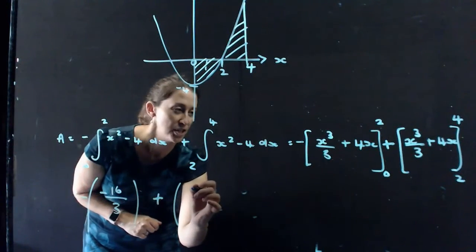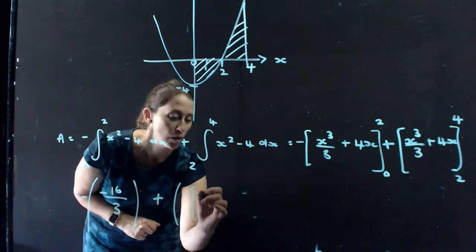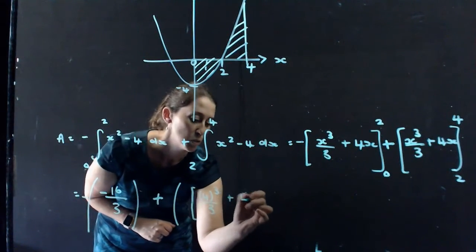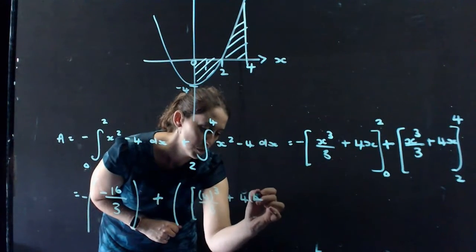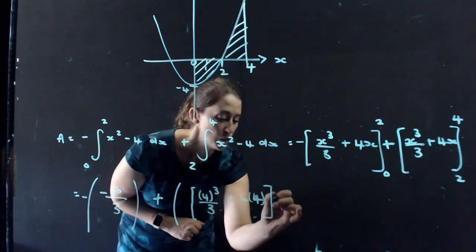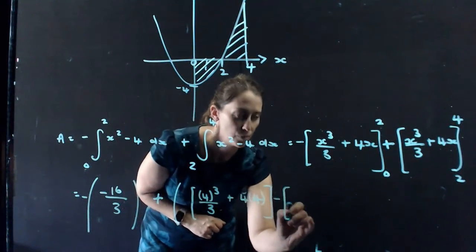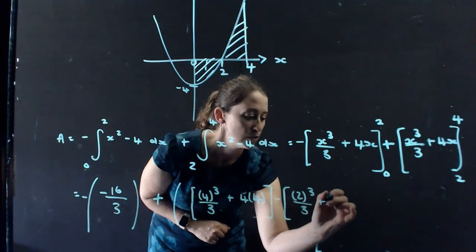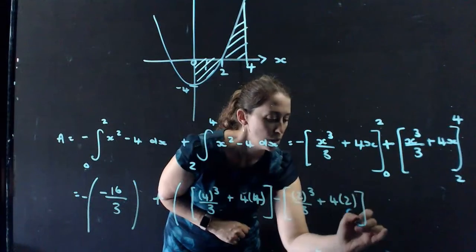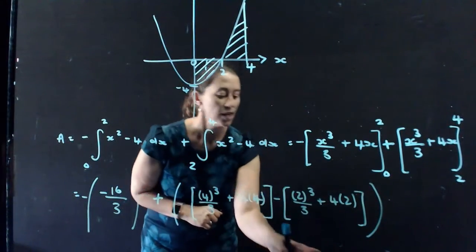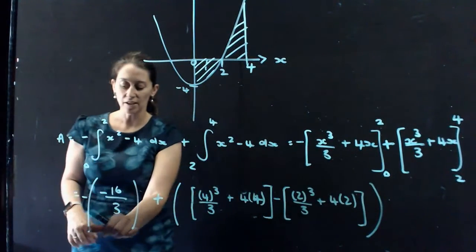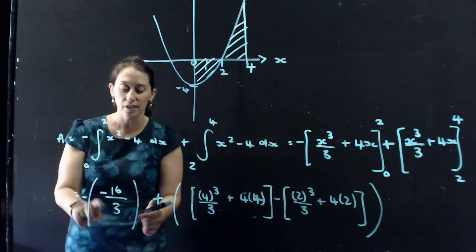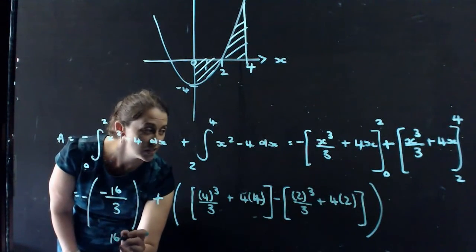So I'm going to sub 4 in now, which is 4 cubed over 3 minus 4 times 4, apologies, take away, and now I'm going to sub 2 in, so 2 cubed over 3 minus 4 lots of 2, and close that curved bracket there. Now we can see here that the answer to subbing this in gave us a negative, but we have the negative on the outside, so that bit equals 16 over 3.